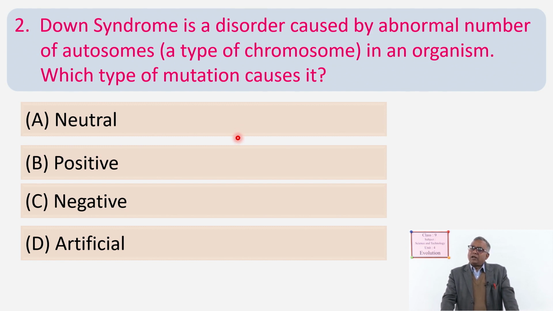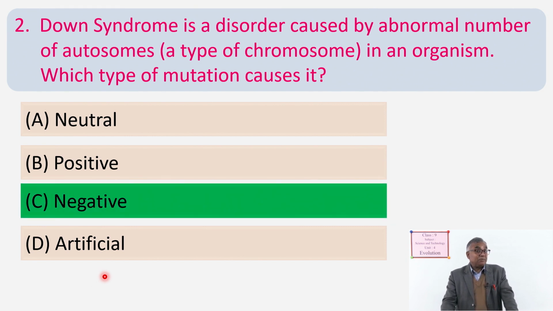Yes, speech is not clear. Like that, there are some characteristics, not all. So, for guessing your answer, it is neutral, positive, negative, or artificial. Your answer, negative. Yes, negative means harmful.